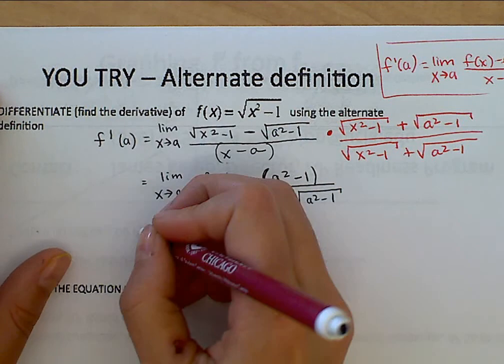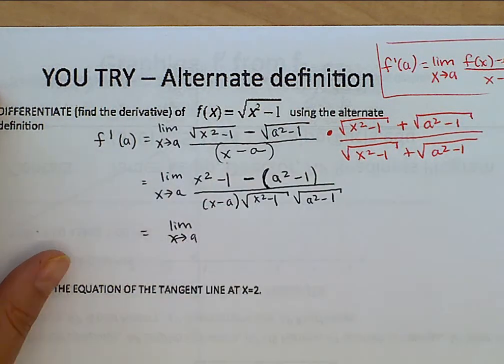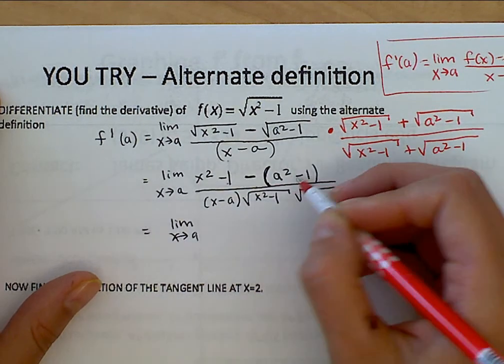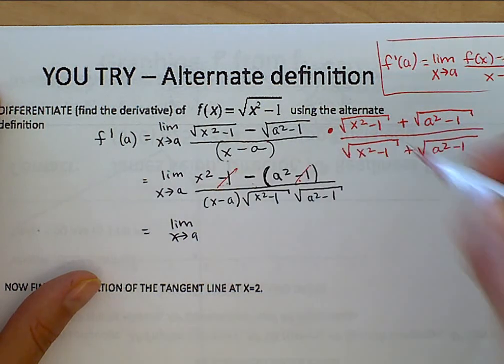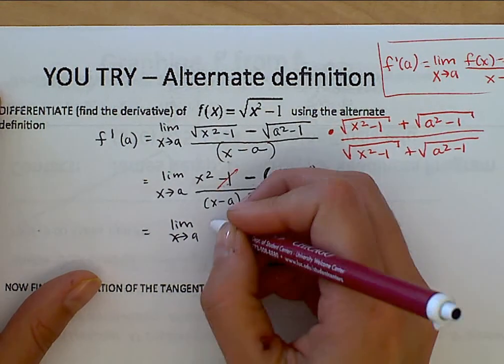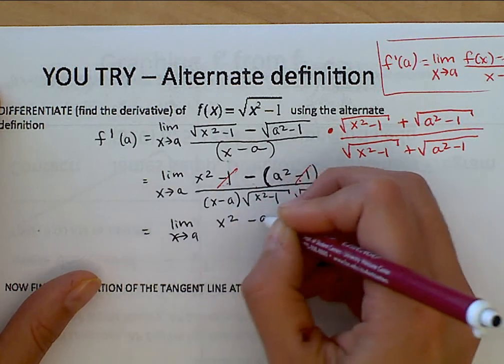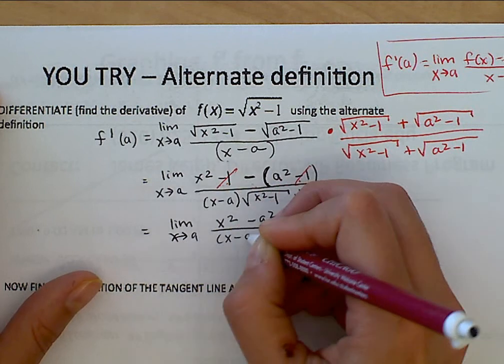Okay. So if I look here, I see that I have negative 1 minus negative 1, which ends up canceling out. So those go away. And in the numerator, I have x squared minus a squared, all over what's in the denominator.